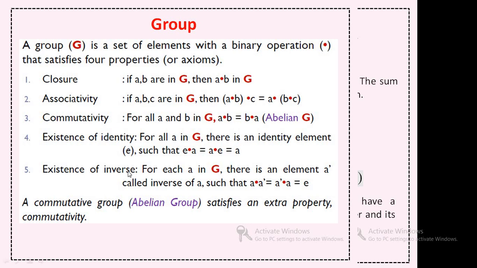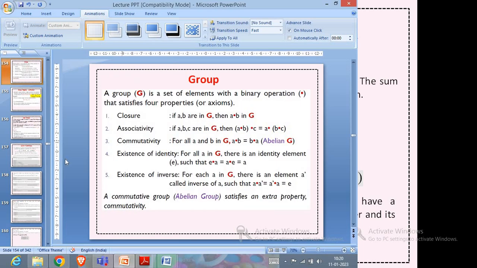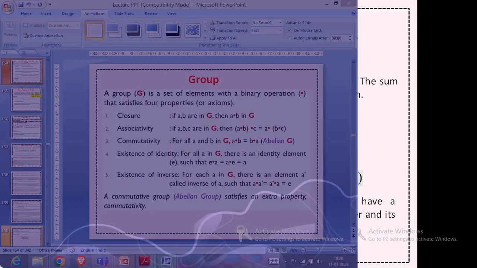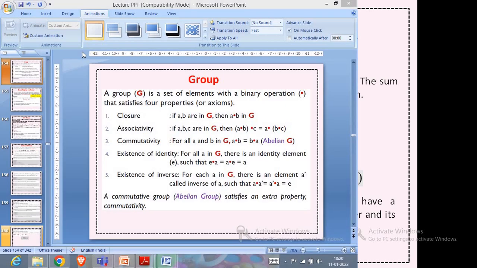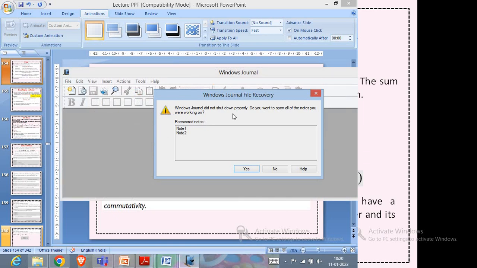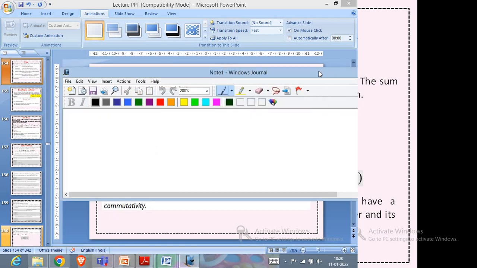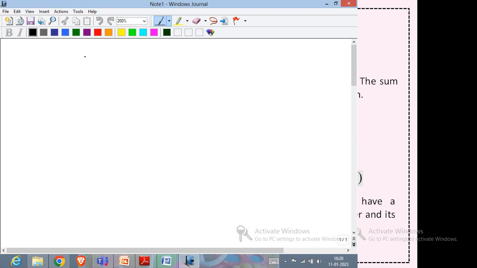So let me just open this journal file. Alright. So we define this as a binary operation. By definition, let's first define the binary operation, the dot sign that you are defining.